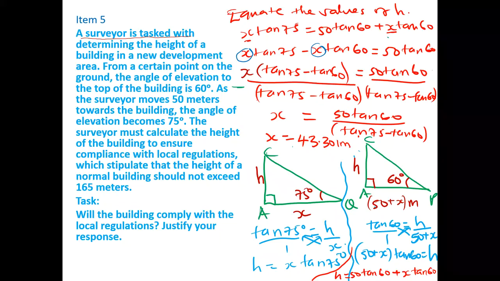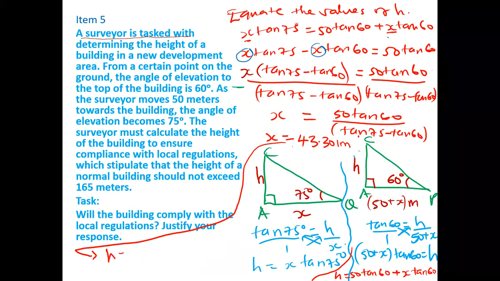But remember, we are not told to find the value of x. You just come and ask yourself, they wanted the height of the building. Allow me now to find the height of the building from here.